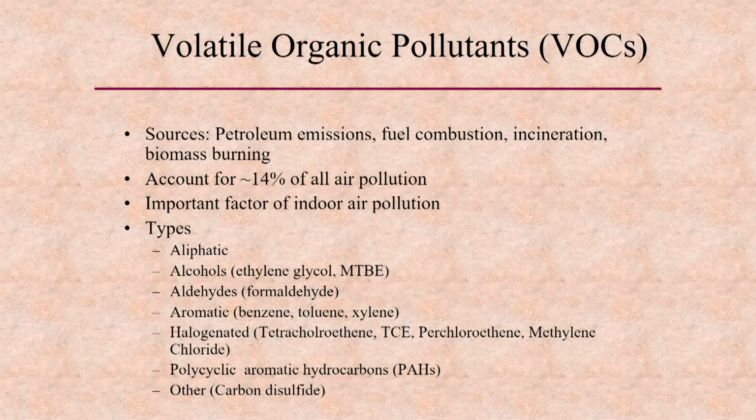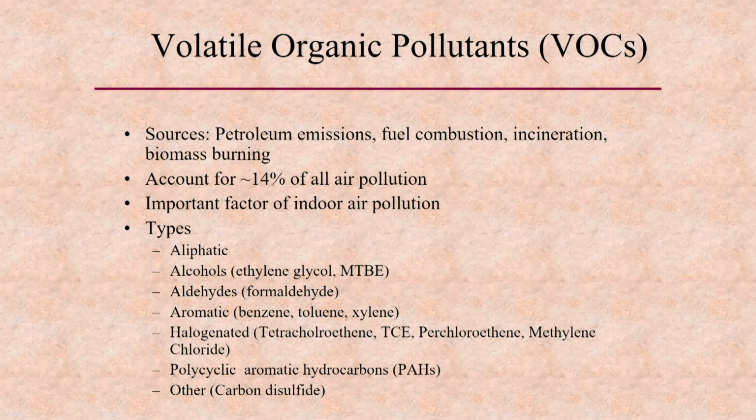Then you have volatile organic compounds. Their sources are petroleum emissions, fuel combustion, incineration and biomass burning, and they account for about 14% of all air pollution. They are huge; there are hundreds or thousands of volatile organic compounds in the atmosphere. They are an important factor for indoor air pollution.